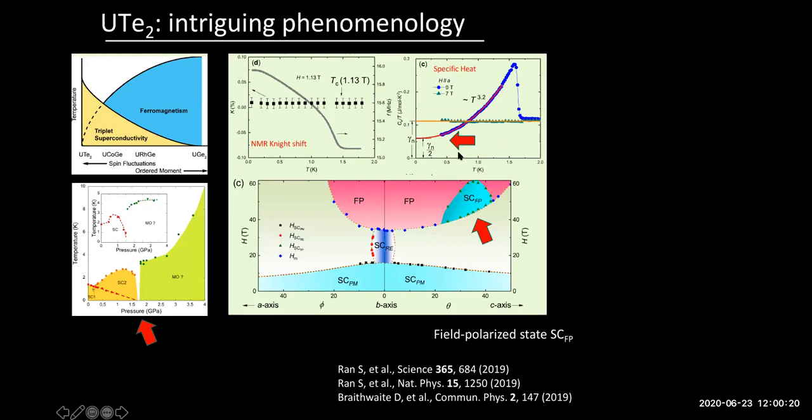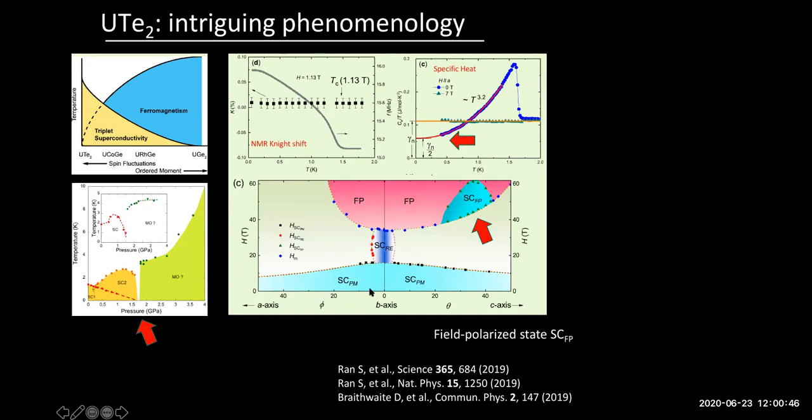This system has a lot of interesting phenomenology. For example, you can ask what happens under pressure, what happens under high magnetic fields. Under pressure, you seem to go from one kind of superconductor to another. In fact, the Tc actually goes up. And eventually you reach some kind of magnetically ordered phase.